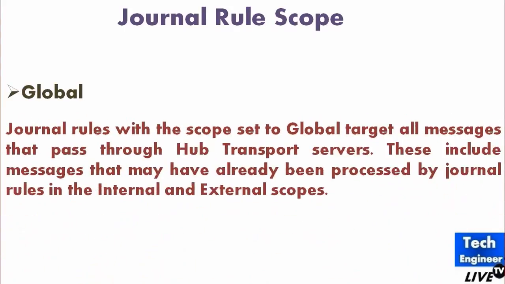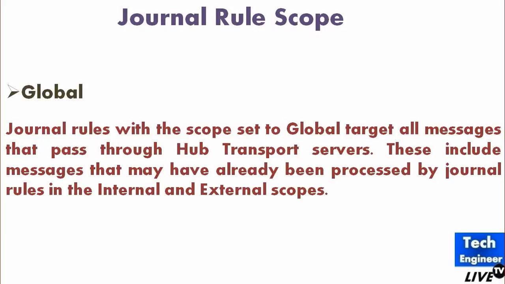And the third one is known as global, a mixture of internal and external. General rules with the scope set to global target all messages that pass through the Hub Transport server. This includes messages that may have already been processed by general rules in the internal and external scope. Since an external message has to pass through the Hub Transport server and through the internet, it will move towards the other company's Exchange server.